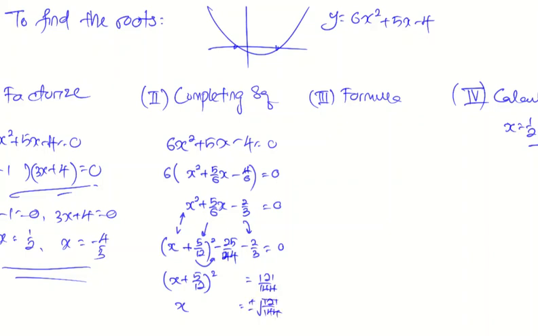Square root can be positive or negative, and then plus 5/12 you bring over becomes minus 5/12. So you should have two answers. One answer is positive 11/12 minus 5/12, then you get half. It can be negative 11/12 minus 5/12, and you get -4/3. You get two answers.